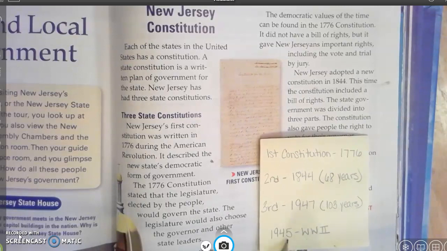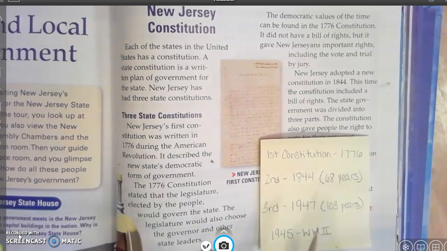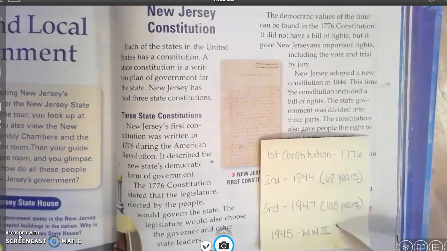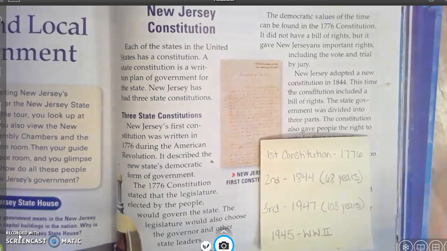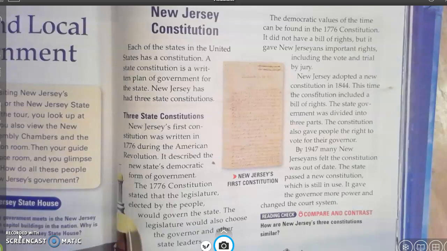So the war ended in 1945. 2 years later is when New Jersey chose their third constitution, or they rewrote the Constitution. So just giving you an idea of what was happening during that time in our world. All right, awesome job. You're going to use this information to answer the questions in the Google document about the New Jersey Constitution.